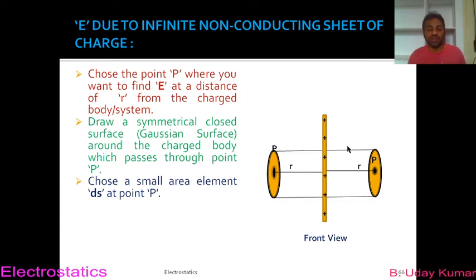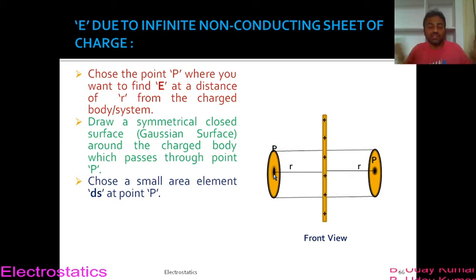One is the curved surface, another is the circle present on the right side, and another is the circle on the left side. So these are the three faces that this cylinder has.